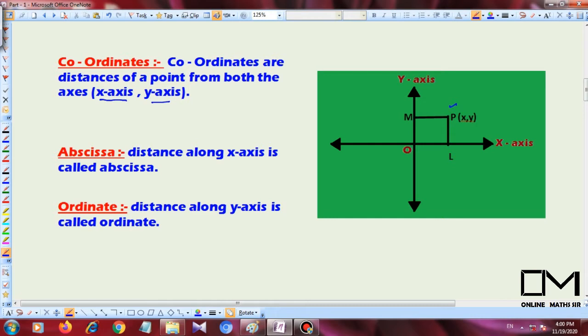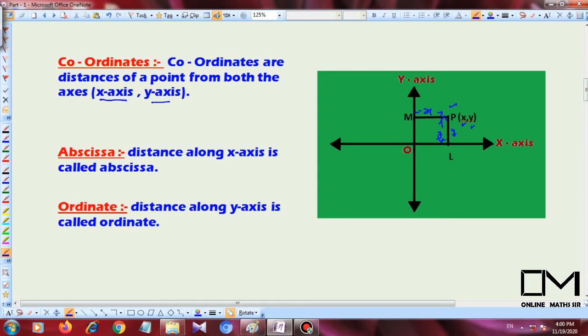This point is y units away from the x-axis, so this distance is y, and x units from the y-axis. So when a point is located in a quadrant, the distances from both the axes, x and y, are called coordinates.